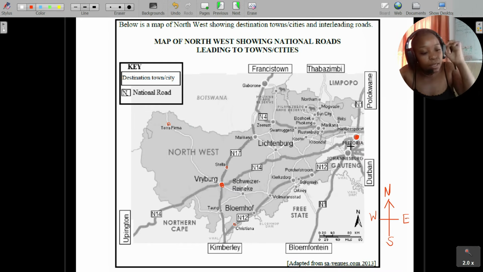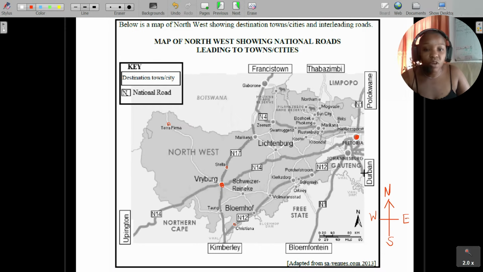Okay, so that's basically pinpointing the different towns, the different cities on the map. It's just pinpointing that you're starting from there. That's that town. That is that town there. So it's just pinpointing the different towns, cities that are given to us on that map.